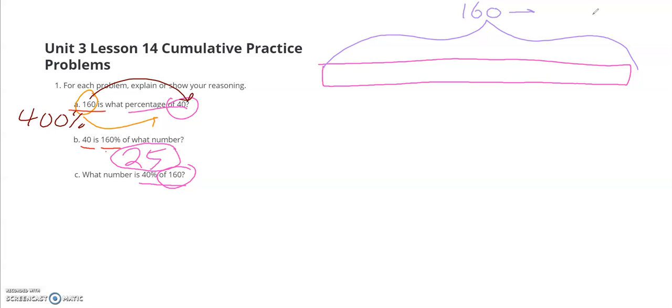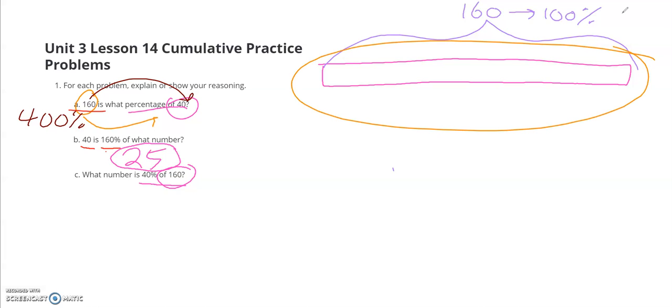And we're trying to find 40% of it. We want 40%. So how much of this bar is 40% of it?